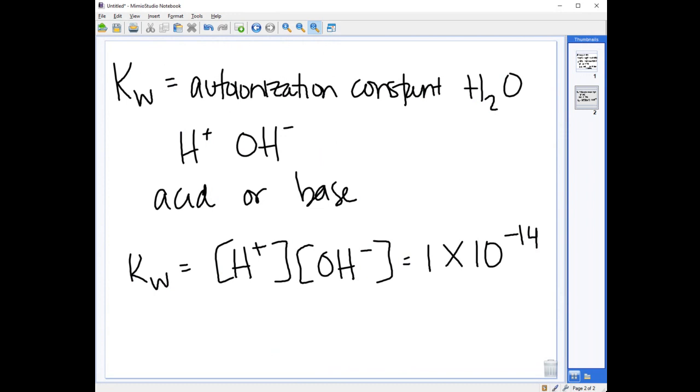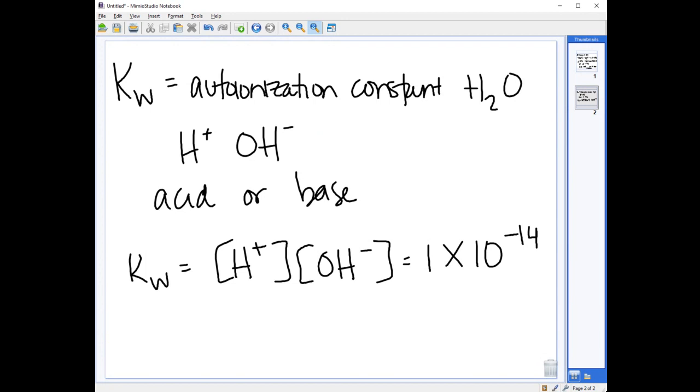Okay, so the autoionization constant of water, which is the hydrogen ion concentration times the hydroxide ion concentration, is equal to 1 times 10 to the negative 14. That's where the 14 comes from on the pH scale.